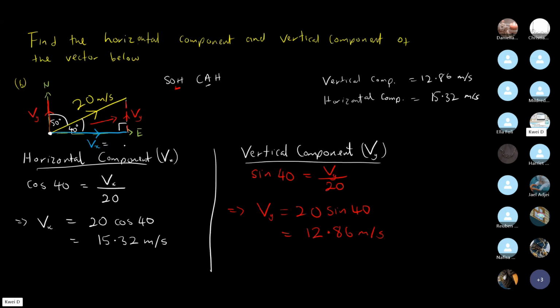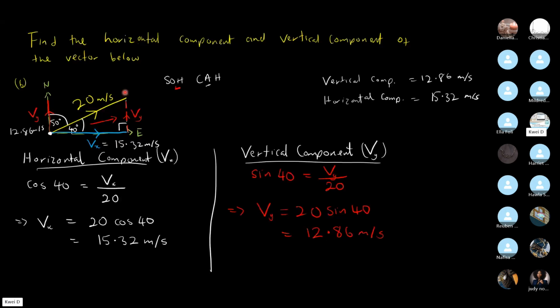You can even picture it as a car driving northeast along a straight line, moving with a speed of 20 meters per second northeast. If you are observing the speed moving east alone, it is moving 15.32 meters per second, and if you are looking at the speed with which it is moving north alone, it is moving with what? 12.86 meters per second. So this is what we mean by resolving the vector.